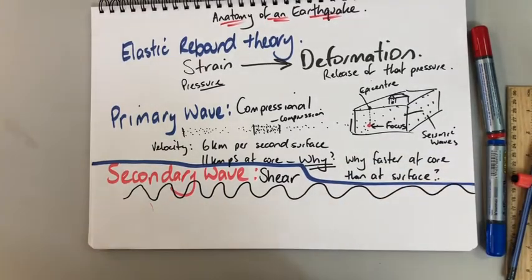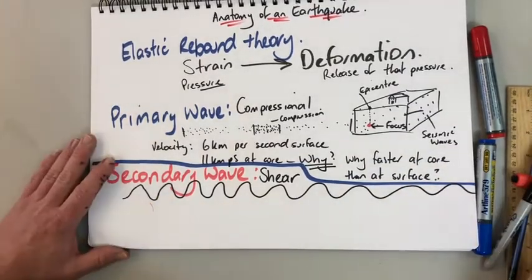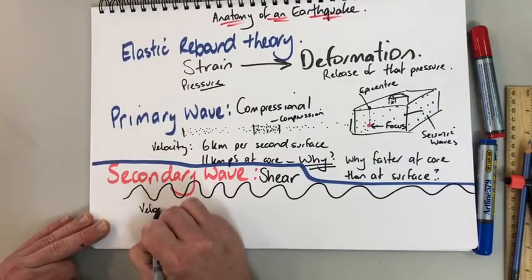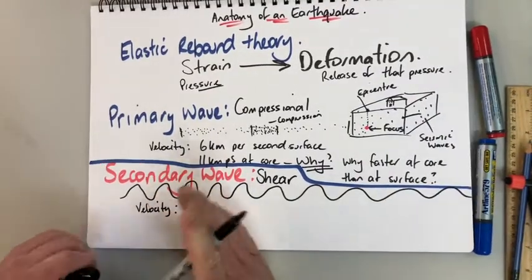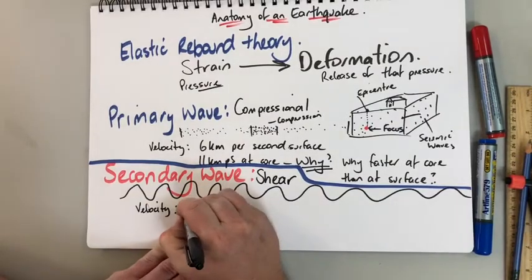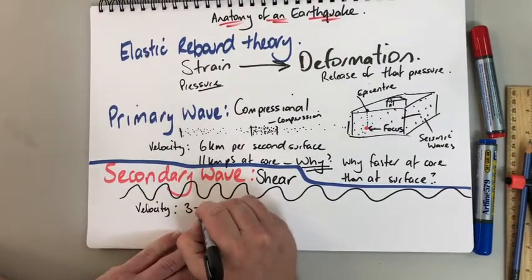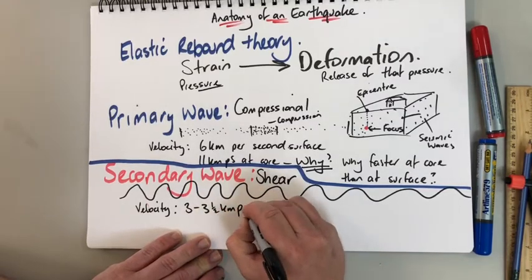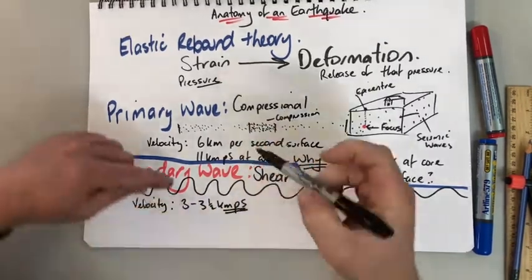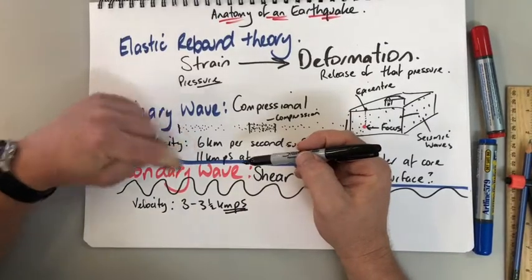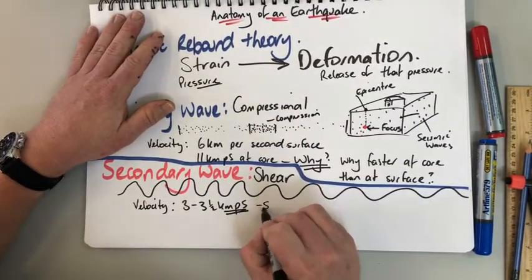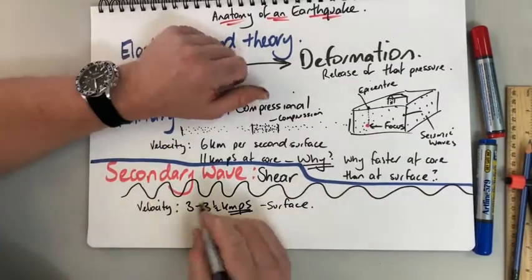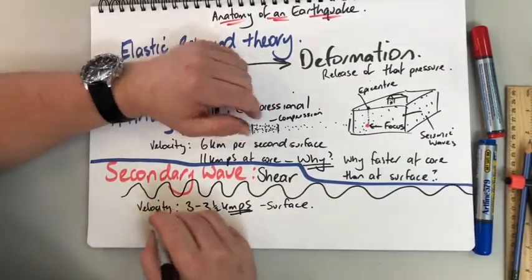That's our shear wave. They're slower. Sorry, physicists, for using velocity. They travel at about 3 to 3.5 kilometers per second. They're a lot slower on the surface. But hang on, they don't travel through the outer core.